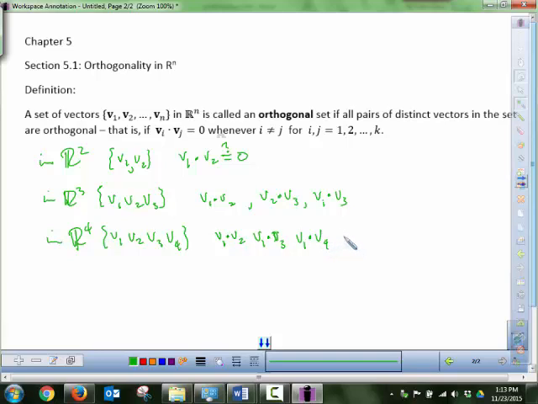So there's 3 of them. And then we got V2 dot... Wait, I lost my count. V2 and V4. And then V3, V4. 4, 5, 6. Is it 6 or 7?